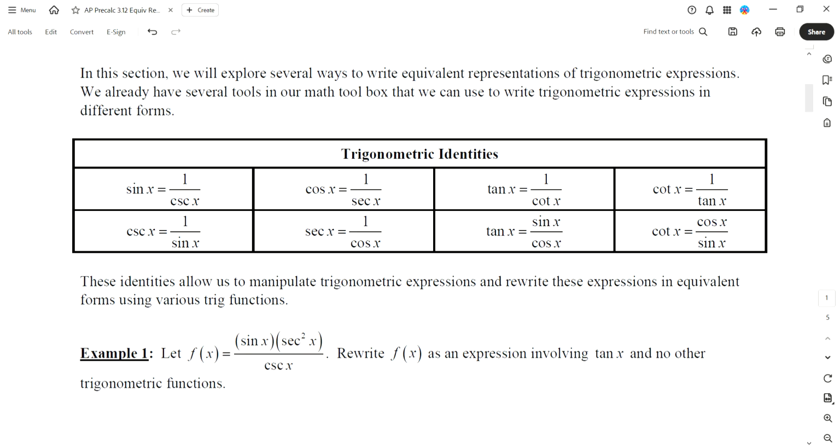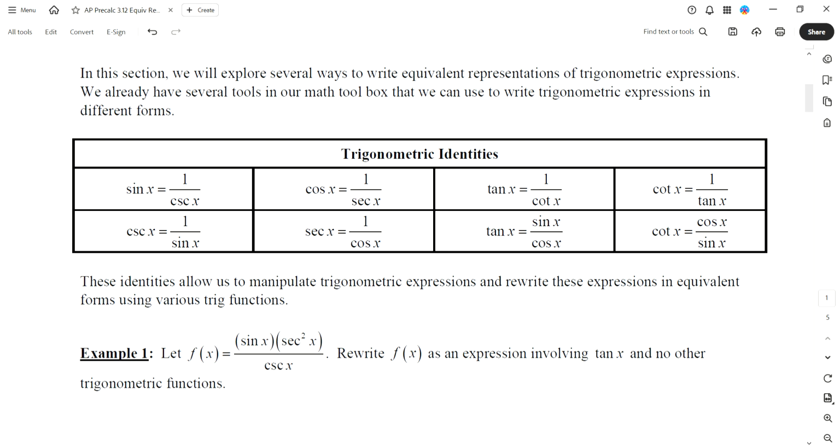Now, here's the nice thing. Before AP Precalc, this lesson was so hard. It was so hard because you didn't know when to stop simplifying.